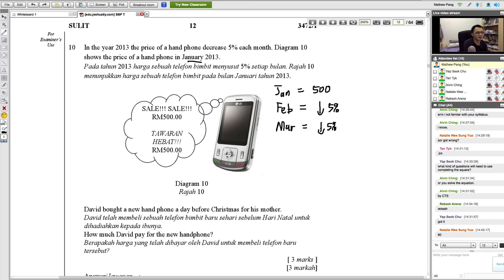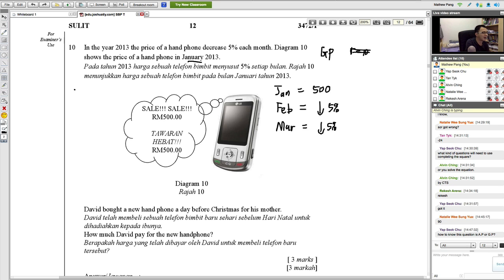Of course, if you understand, this is compound interest, but in SPM Math they will expect you to use geometric progression to do this kind of question. So in this case, it is important to understand the meaning of decrease 5%. Let's say my r is 100%. If I decrease 5%, I will need to minus 5% over here.